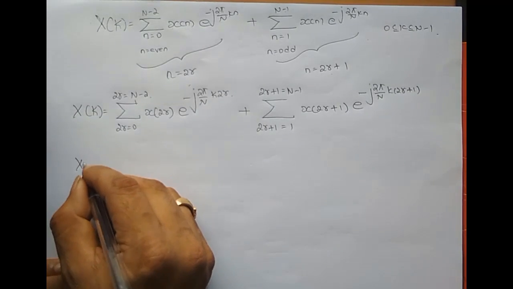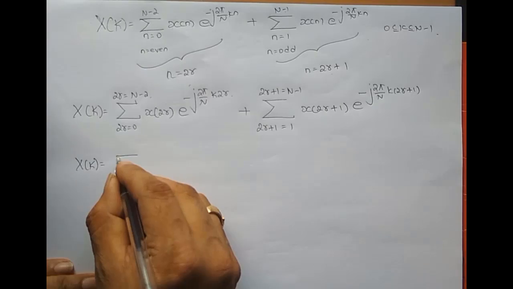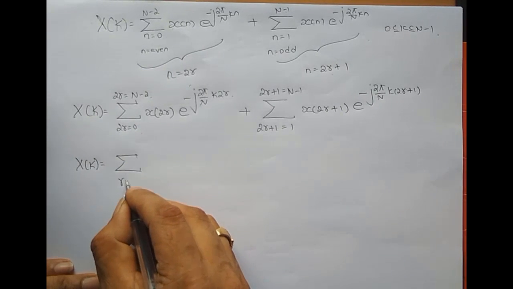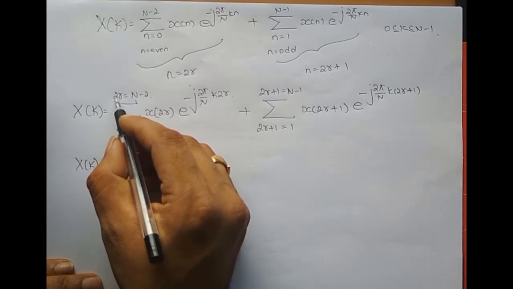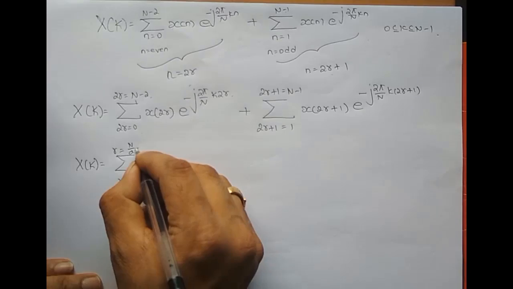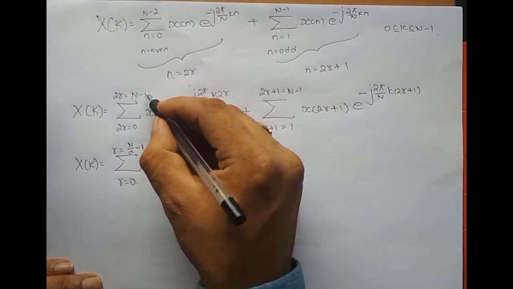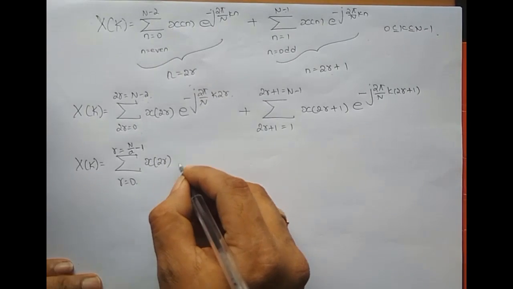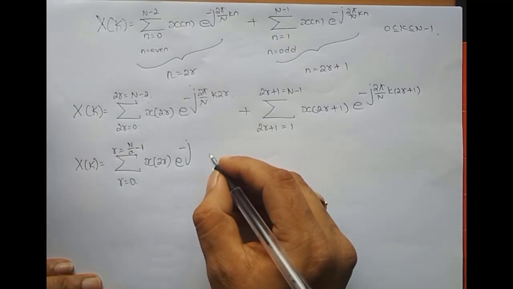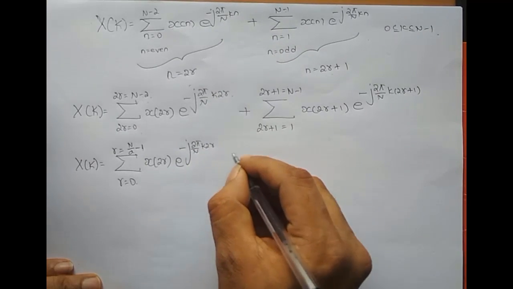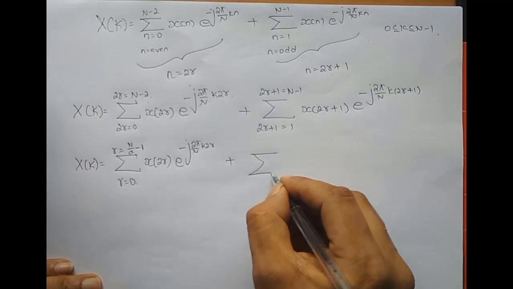Let me simplify this. X of k is equal to summation. If I take 2 to the right hand side, I get r is equal to 0, and if I take this 2 to the right hand side, what do I get? r is equal to n by 2 minus 1, right? It is n by 2 minus 2 by 2, so 2 by 2 is 1. So x of 2r e power minus j 2 pi by n into k into 2r plus summation.